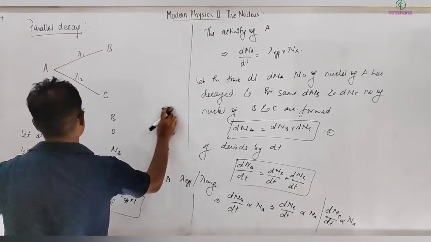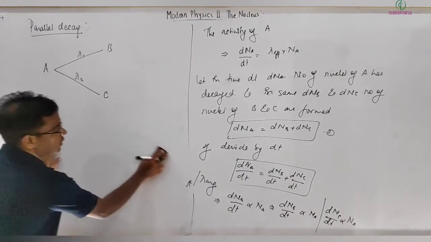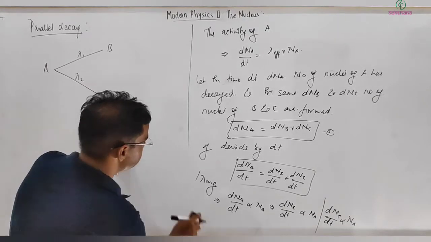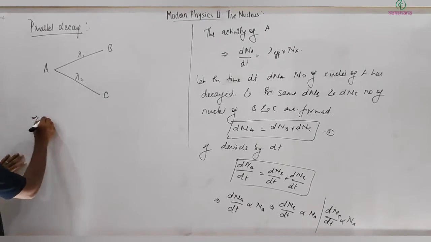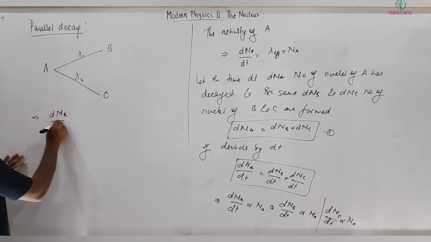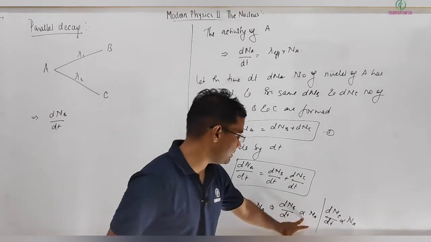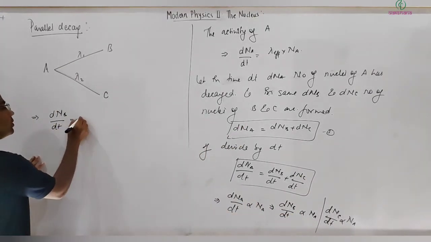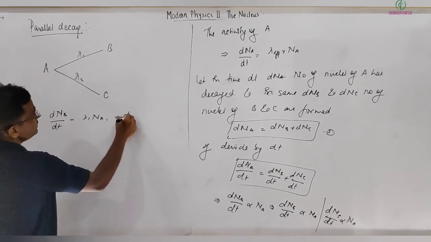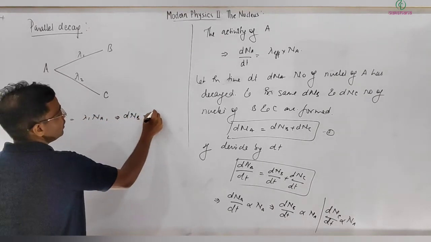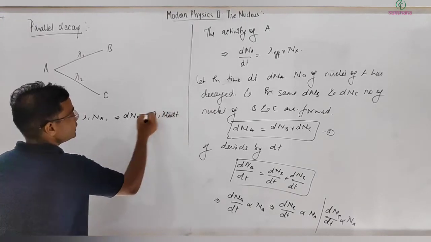So I am erasing this part. This implies dNB/dt is directly proportional to Na, but here the proportionality constant will be lambda 1, so you can write lambda 1 into Na, and this implies dNB is equal to lambda 1 Na into dt.